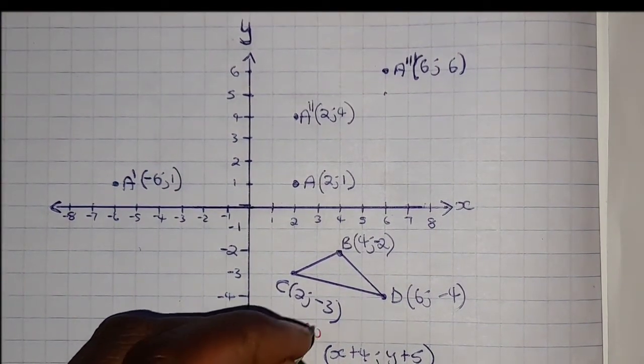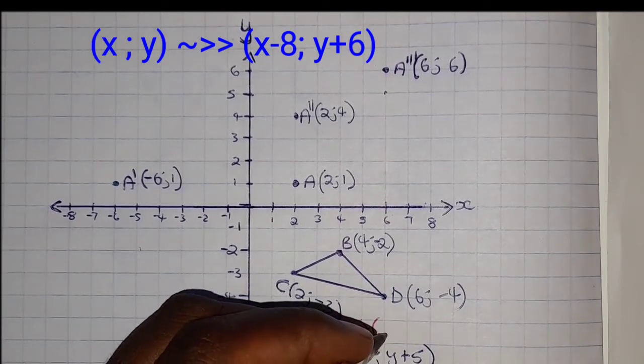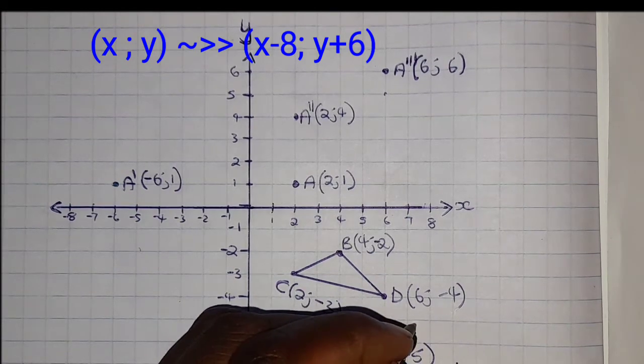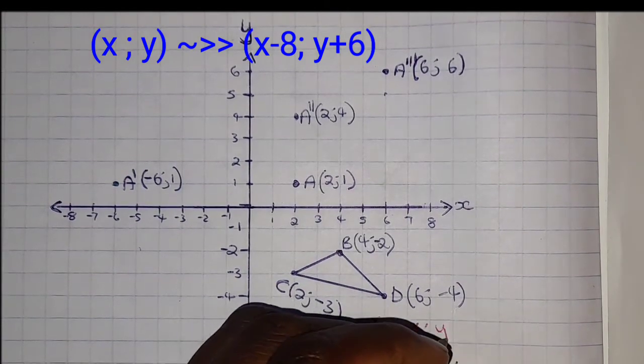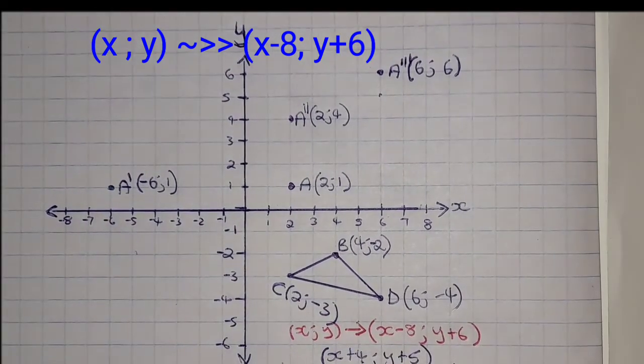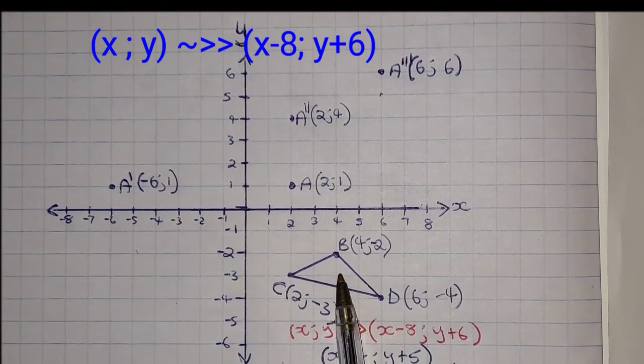X is being mapped onto x minus 8, and y onto y plus 6. So this is the rule that I want you to use to translate this triangle.